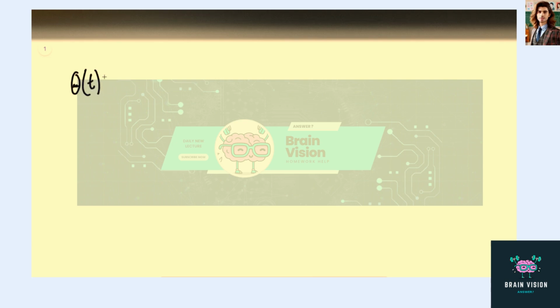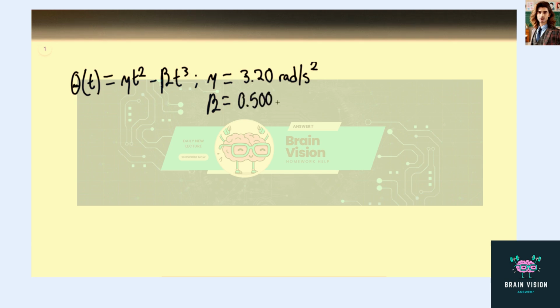Theta(t) equals gamma t squared minus beta t cubed, where gamma equals 3.20 radians per second squared, and beta equals 0.500 radians per second cubed.